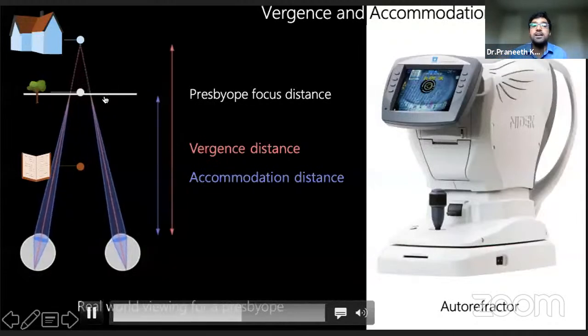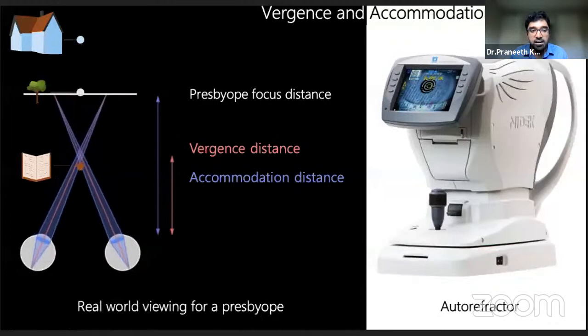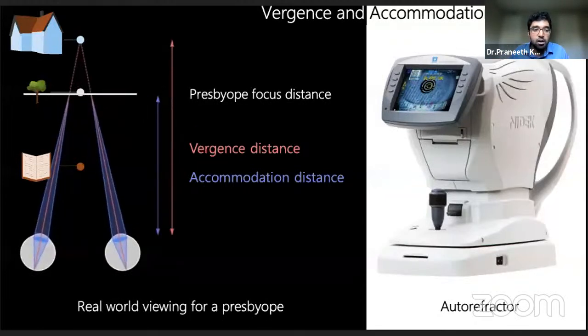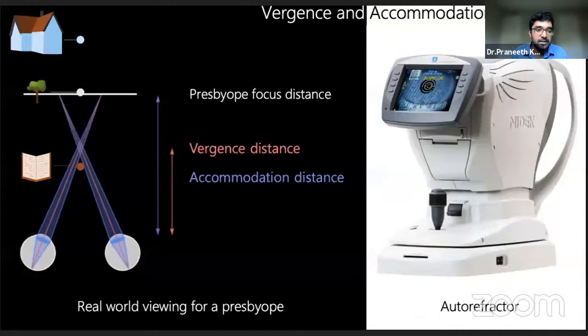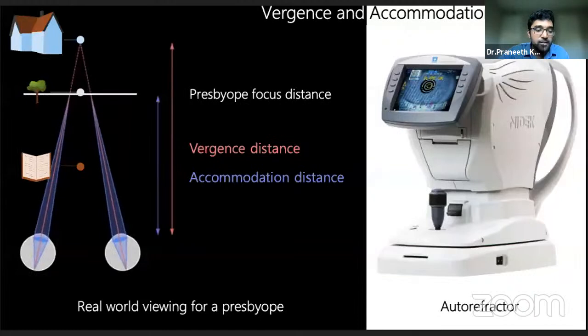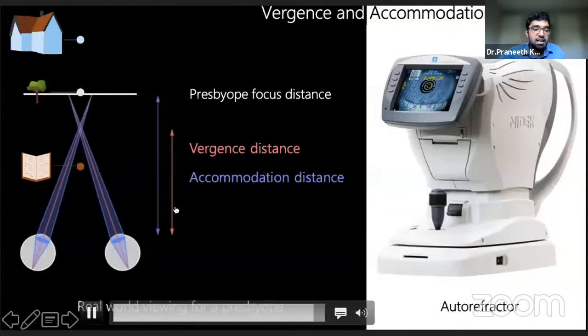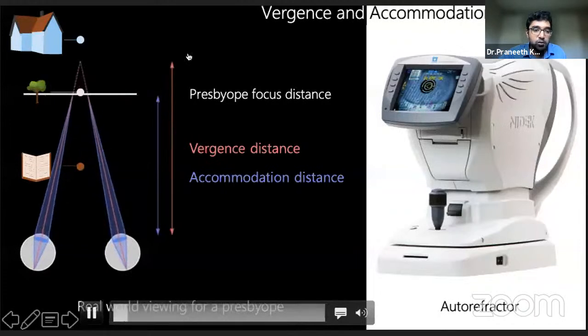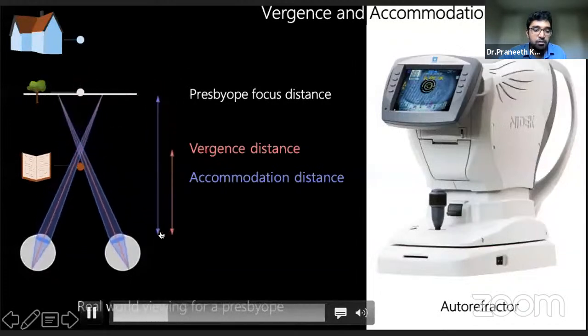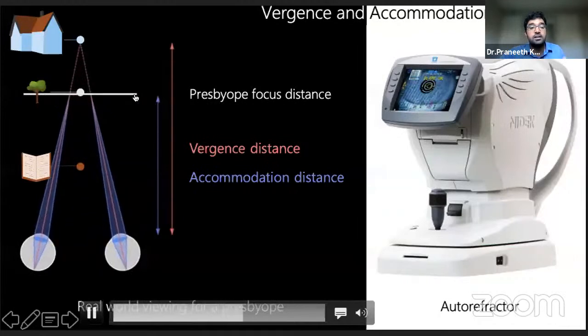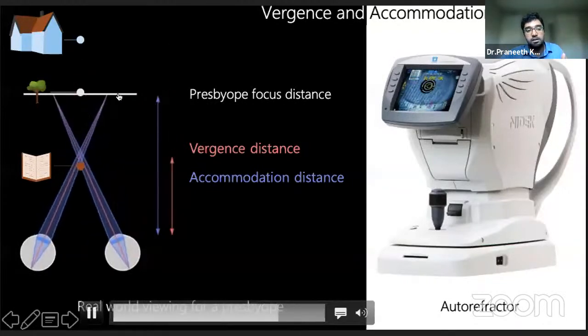When you're trying to do gaze tracking for a user who has lost their lens accommodation power, just tracking gaze is not sufficient, because as you can see here, gaze tracking and triangulation will only give you the vergence distance, whereas at any given instant the user is only focused at one particular distance.